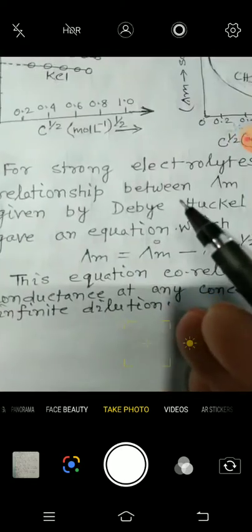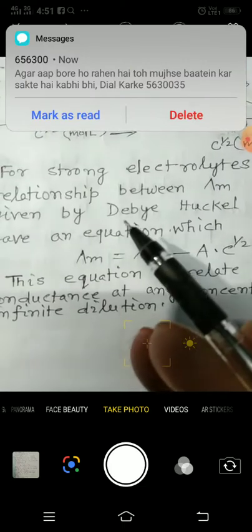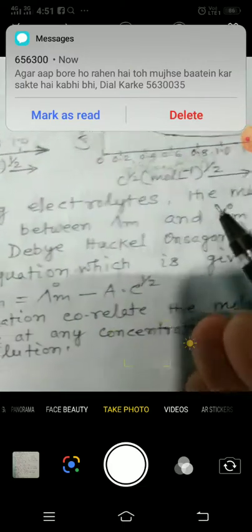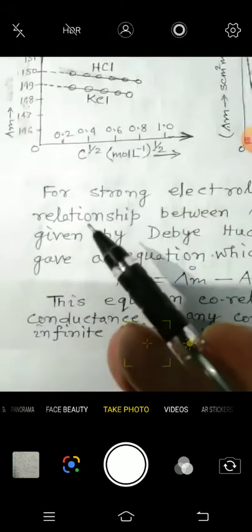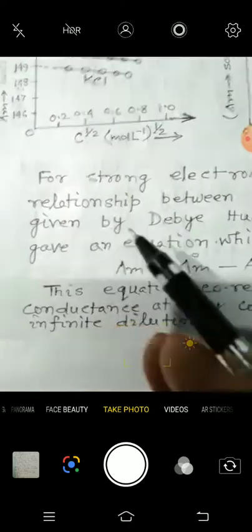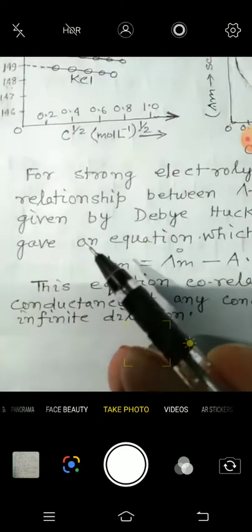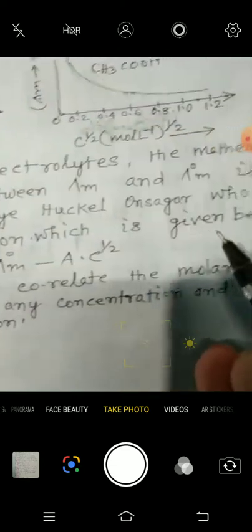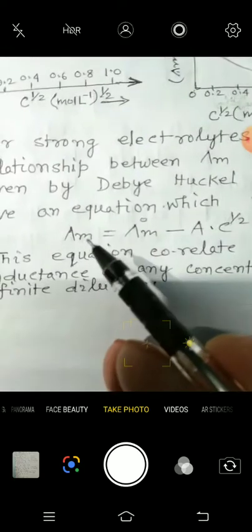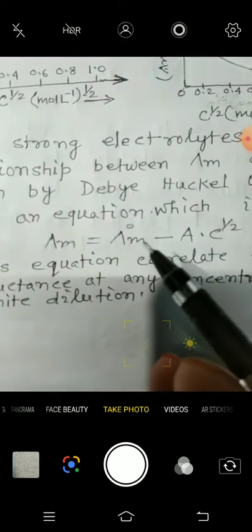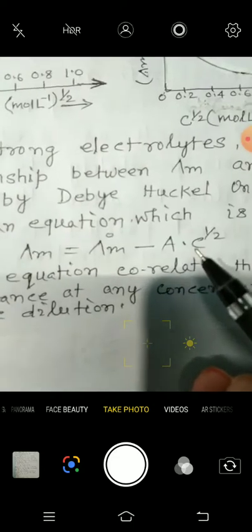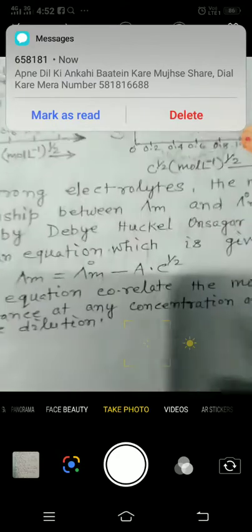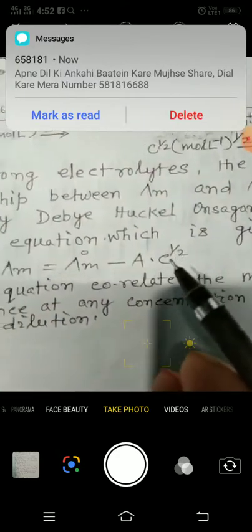Now, for strong electrolytes, the mathematical relationship between lambda m and lambda naught m was given by Debye, Huckel and Onsager, who gave this equation: lambda m equals lambda naught m minus A multiplied by c raised to the power half, that is, square root of concentration.